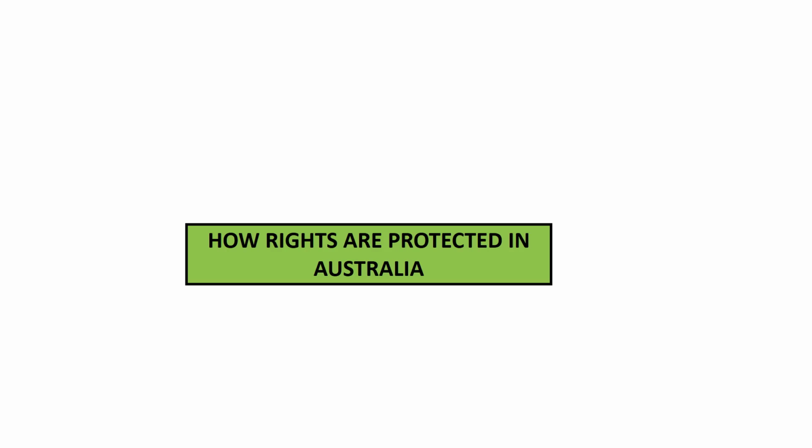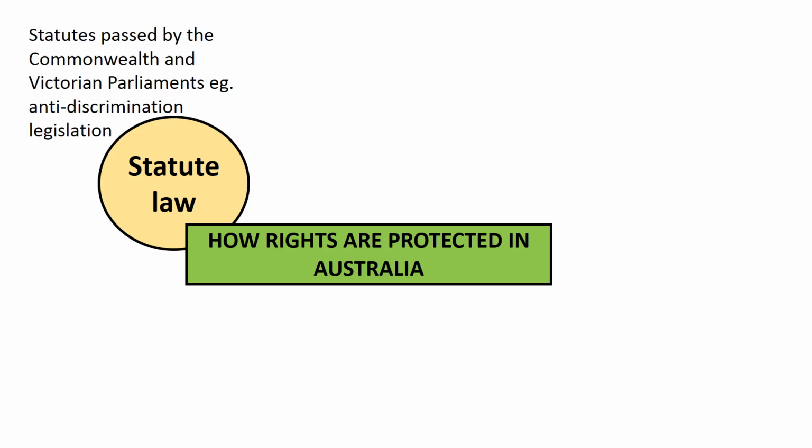The first way in which rights are protected in Australia is through statute law. There are statutes that have been passed by the Commonwealth and Victorian parliaments that protect many of the rights we enjoy today. For example, there is legislation that prohibits people being discriminated against on the basis of gender, sexual orientation, religious beliefs and race.